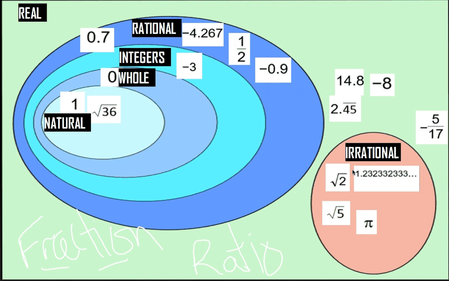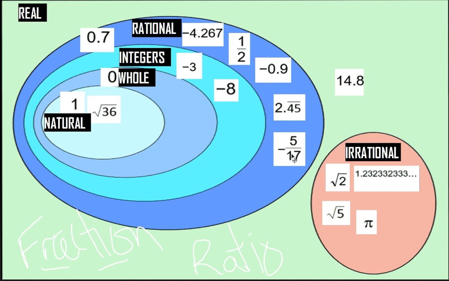We have a repeating number in 2.45 repeating. We have an integer in negative 8, a ratio from a fraction, and a terminating decimal. So you can make sure you're placing these in the correct subsets. If you need to pause, rewind, or replay, make sure you do.